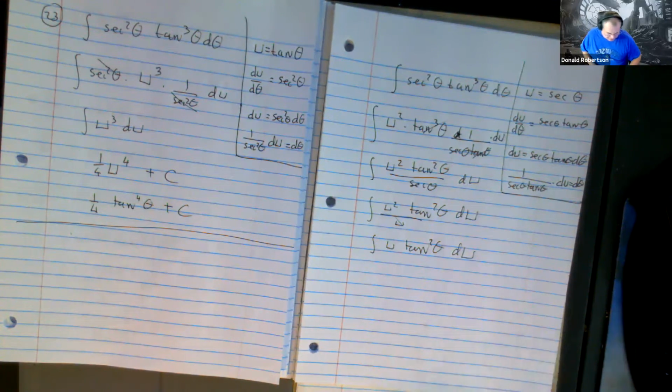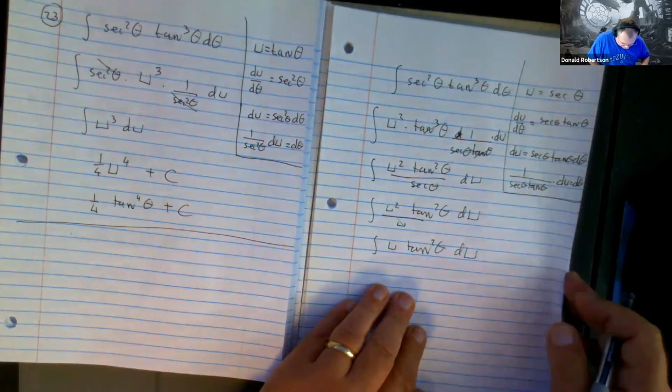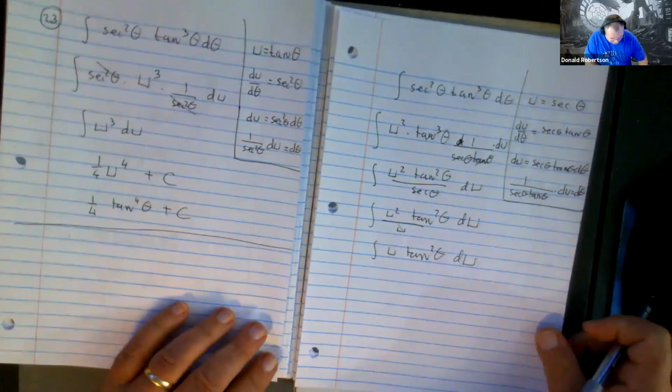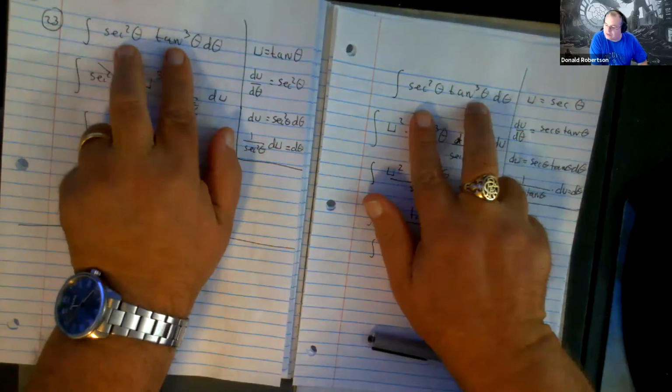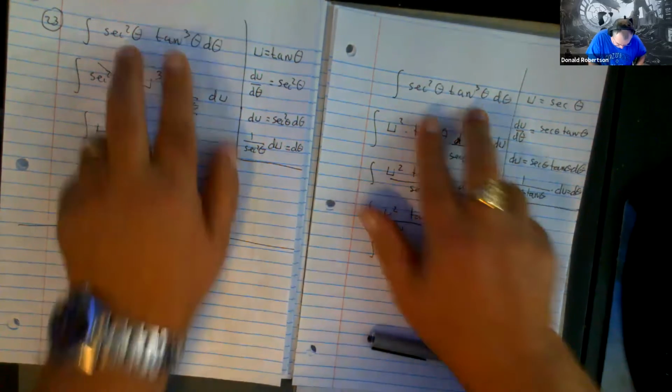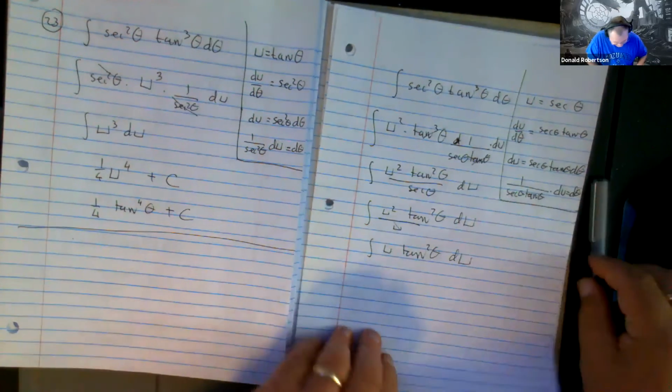It's just that you spend time maybe doing something you don't want, but you learn from that. Because the next time I see one of these, won't I probably pick the u sub correctly? Because I remember when I did it wrong, how much work it cost me, and it ended up being the other one. So, you do 3 or 4, you get used to them and you start picking the right one from the choice.